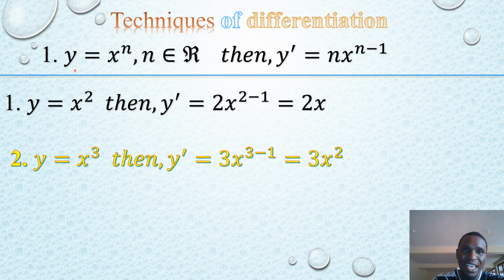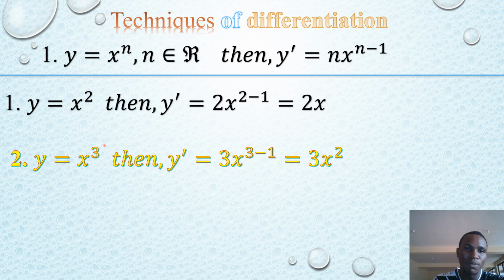This is y equals our independent variable raised to some real number. Okay? If it's a real number raised to our variable, you don't apply it, don't even try. So we have y equals x cubed. My power is 3. So I copy the power in front of the function, as you can see, 3x in front of it now.